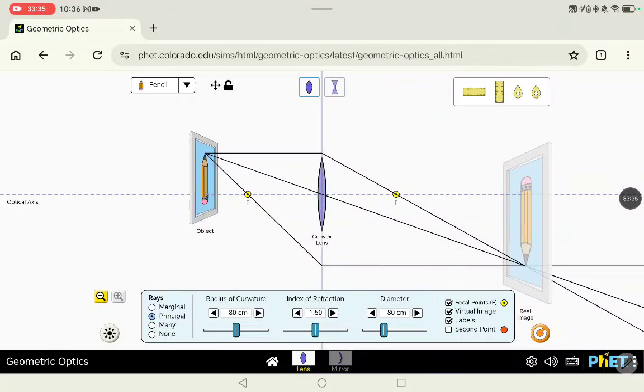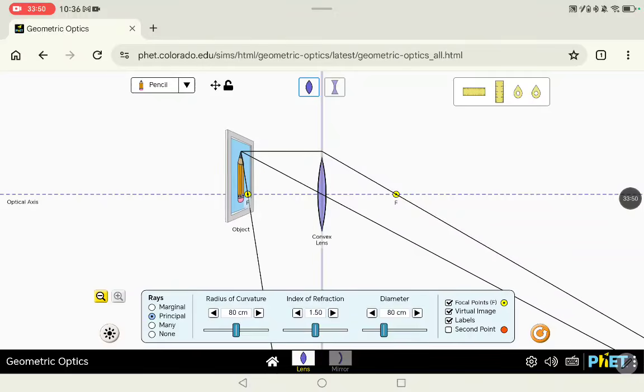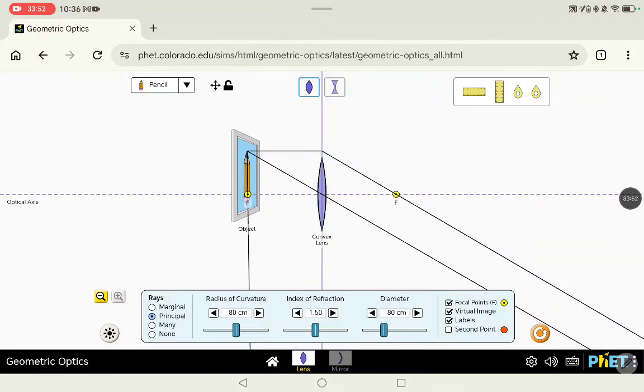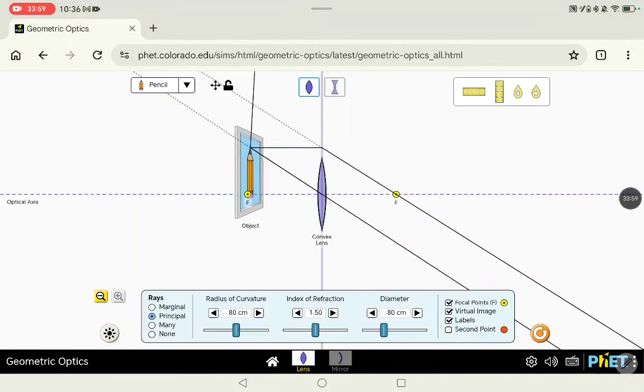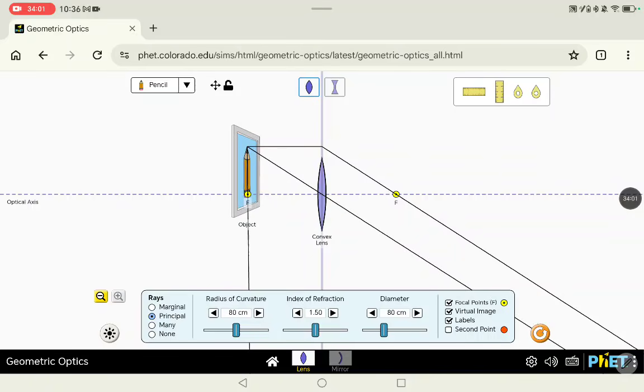Again, it's a real image, it's inverted, but it's magnified, or you can say it's bigger than the object, to be clear. Look, if you are at f itself, you have no image at all. Look, at f it became like a vertical line.